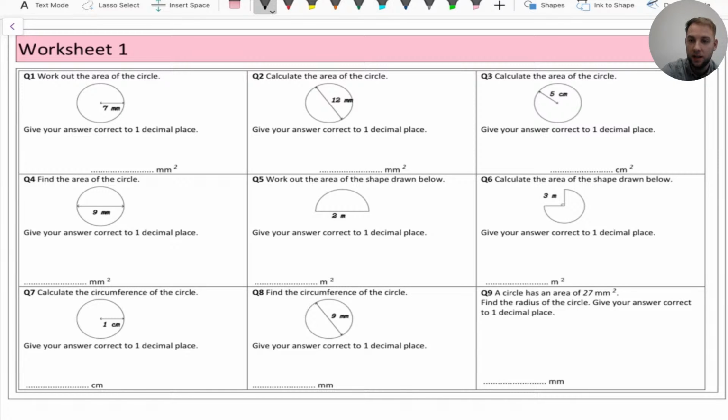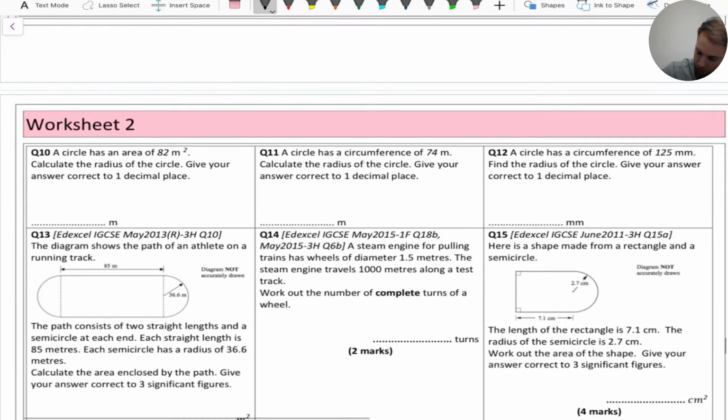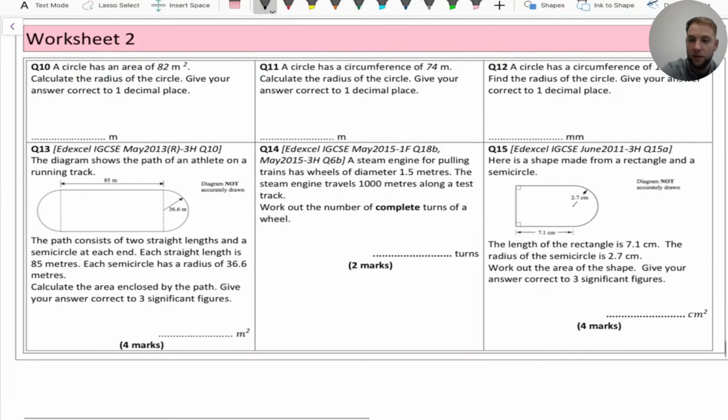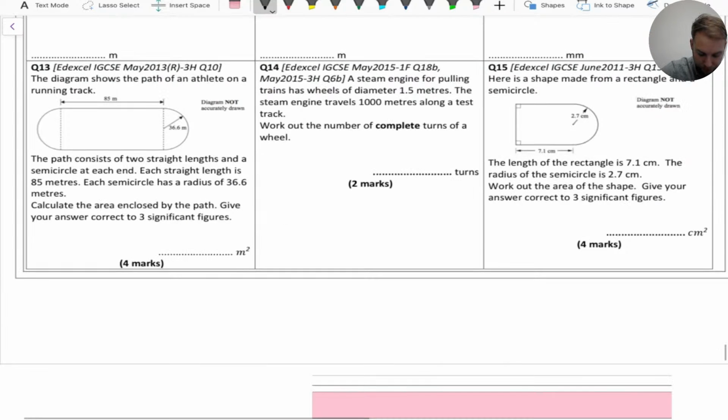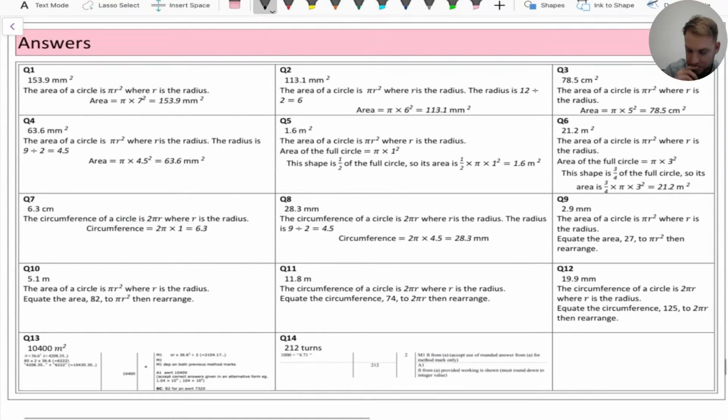There is another sheet here, so if you're catching up, pause and have a go at these questions. Some trickier ones towards the end there. And if you're catching up and you want the answers, here are the answers to all of those.